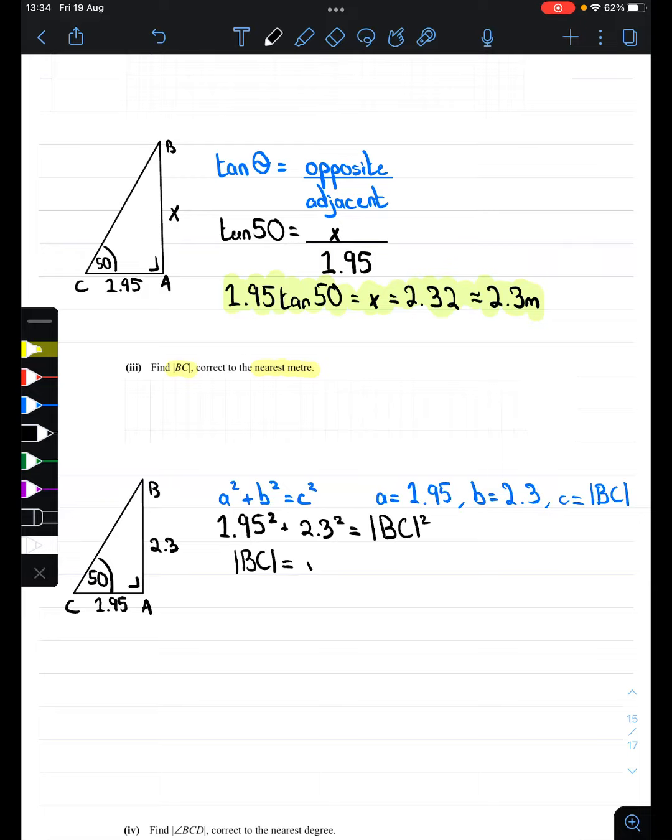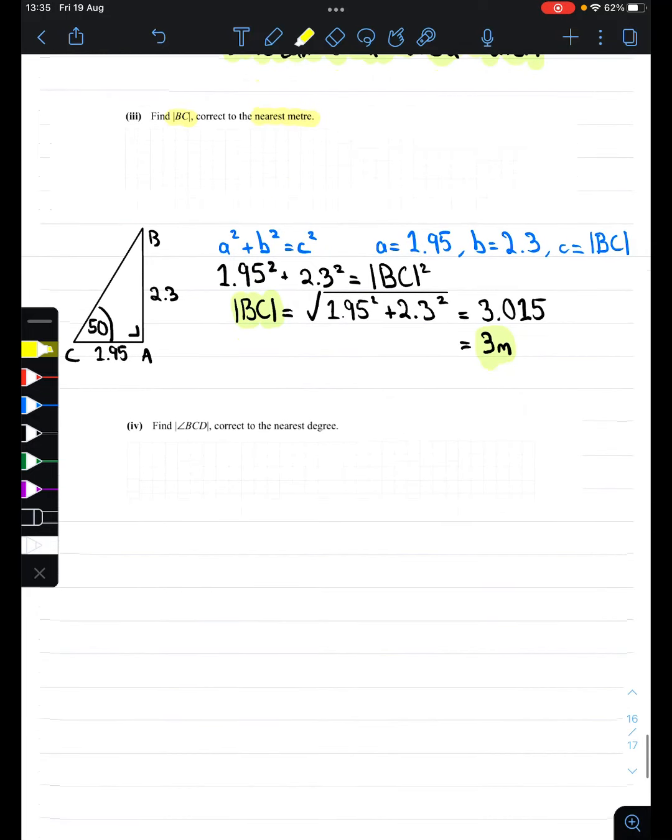BC equals the square root of 1.95 squared plus 2.3 squared, which equals 3.015, or to the nearest meter, 3 meters. So BC is approximately 3 meters.